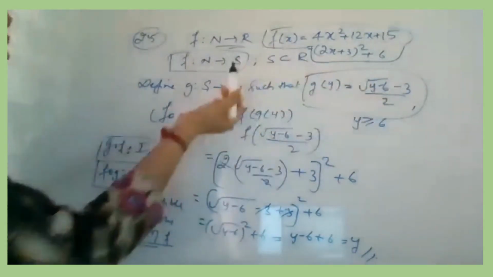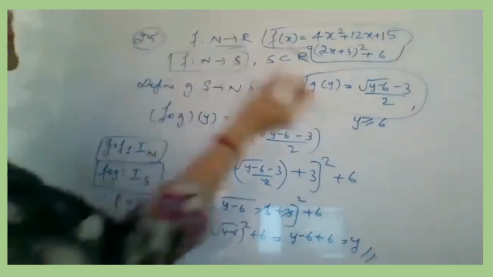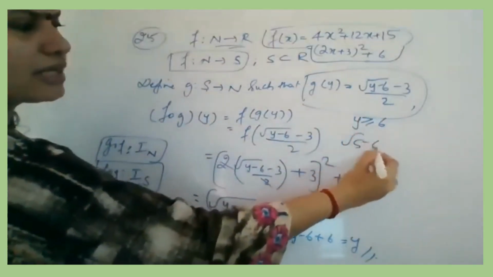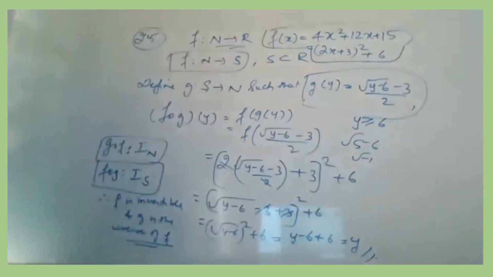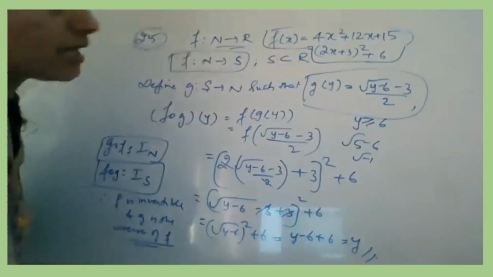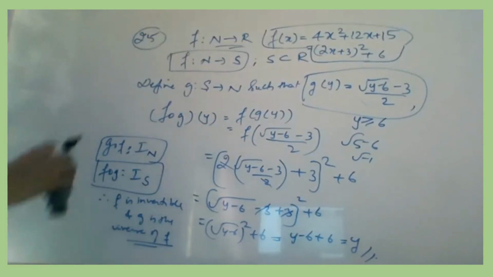Minus 3 by 2 is possible, it is a subset of R. But when you have a number less than 6, suppose 5, then inside the root 5 minus 6 will give you root of minus 1. Root of minus 1 is not a real number, so it goes into complex numbers. So in order to maintain the real number concept, they are using the condition that y should be greater than or equal to 6.